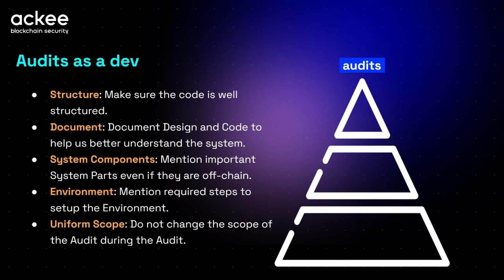If you want to change one line in the smart contract, it can still be okay, but please do not add some additional, different, robust logic to the smart contract, which can actually disrupt the auditing process. That's the audit from the perspective of a developer.